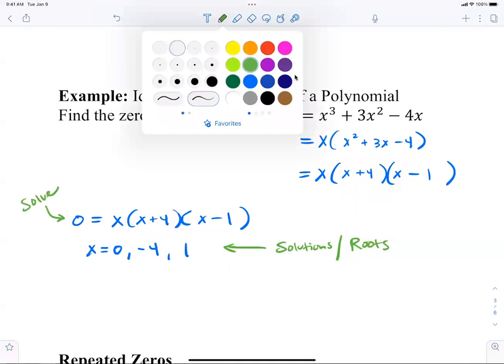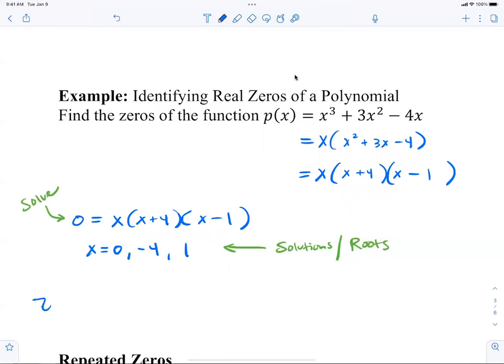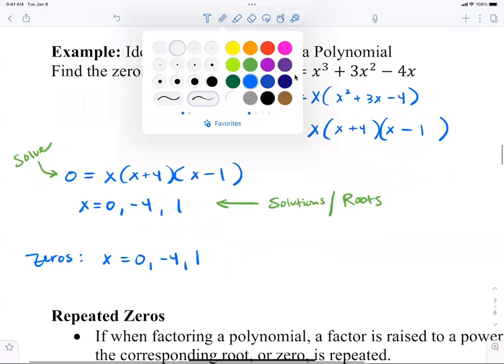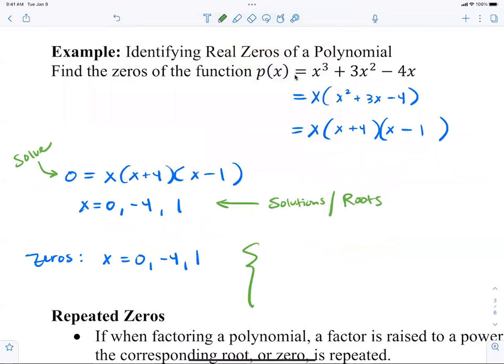Now, these values end up corresponding to the zeros of p of x. They're the same values. But when we think about those values as being the zeros, and this is not something you would have to write, I'm just trying to clarify the vocabulary, we're thinking from the perspective that when you evaluate the polynomial at any of those values, the output is 0.